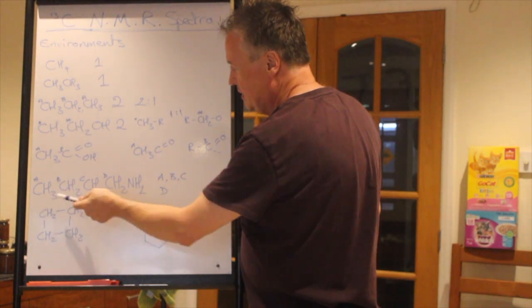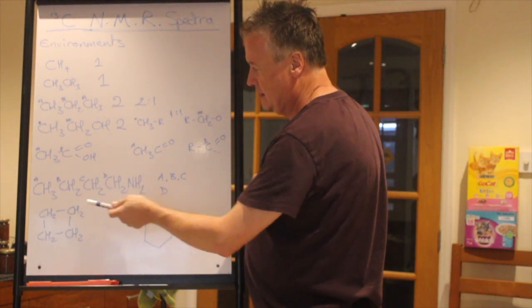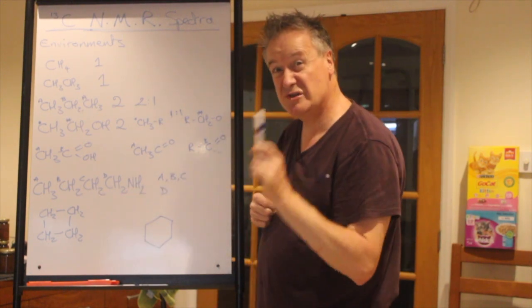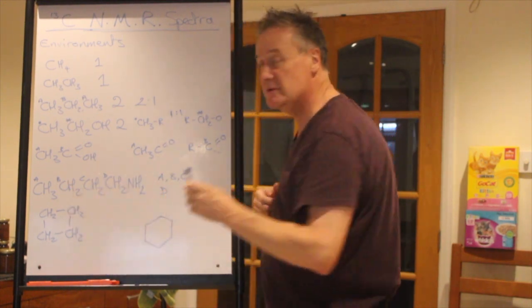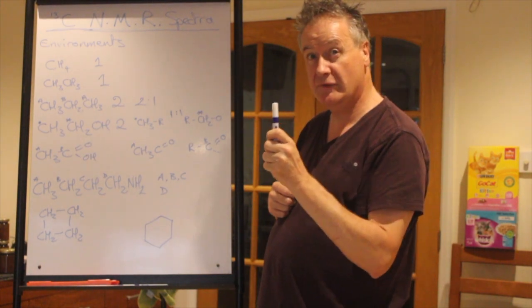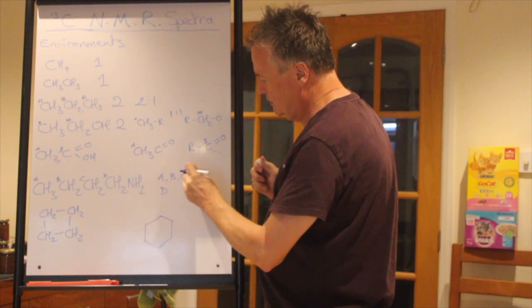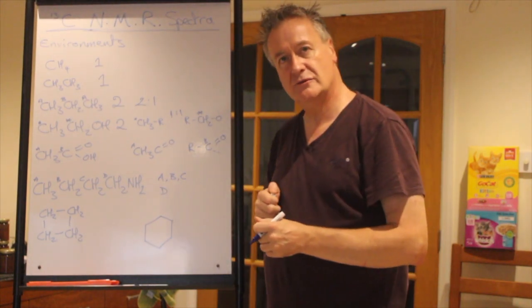Carbon B has CH3 on one side, CH2CH2NH2 on the other. Now carbon C is similar but not exactly the same. So they will come up with slightly different ppm values, slightly different chemical shifts, B and C. In fact, A, B and C will be fairly similar in chemical shift.